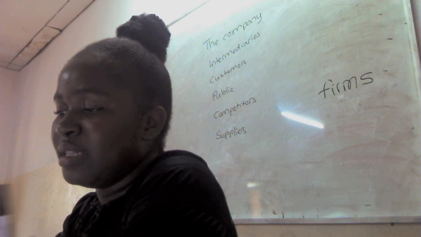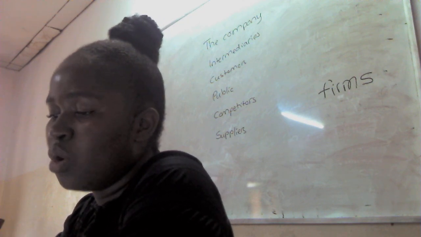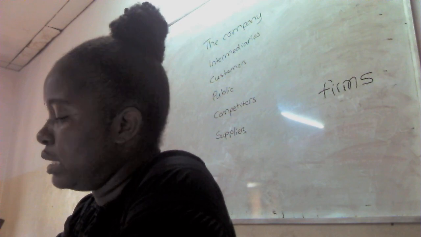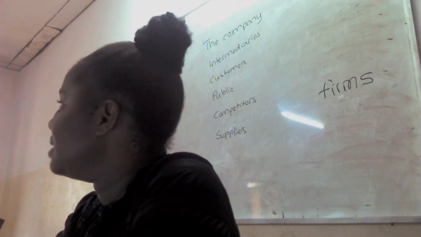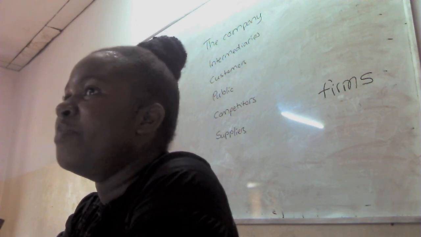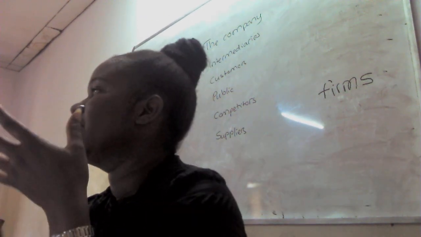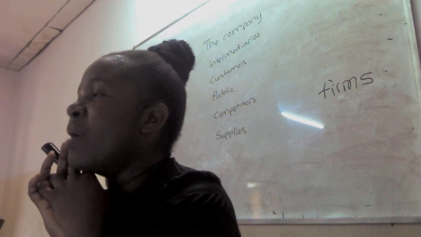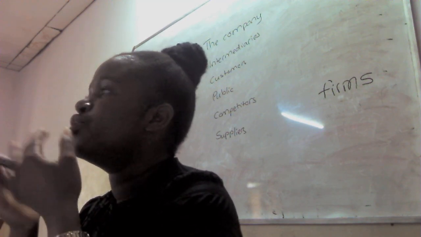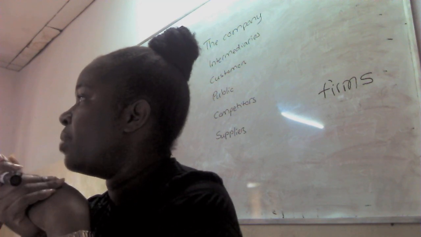So there's the local and general public and also internal publics. All these types of publics are looking at the benefits that the company is bringing. There are the local publics that seek jobs in companies.